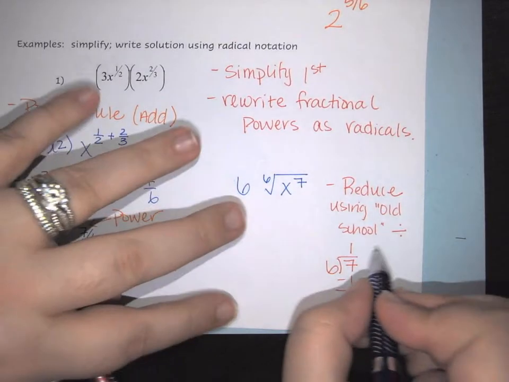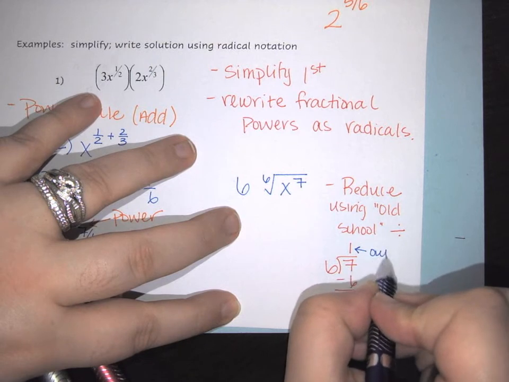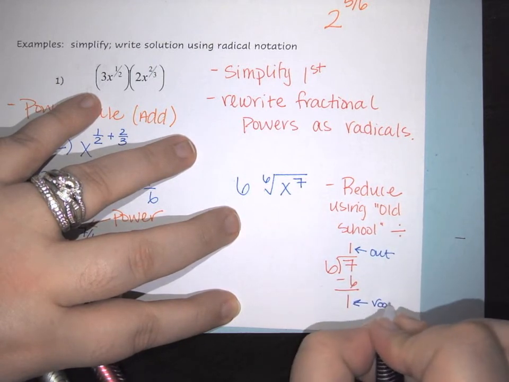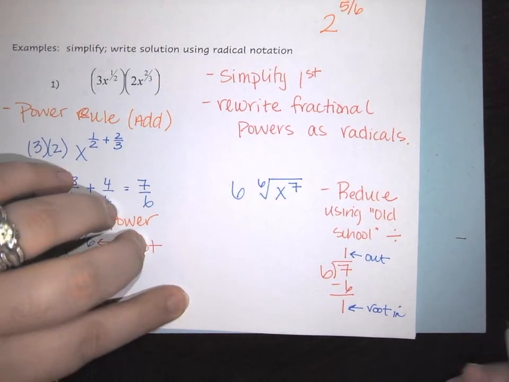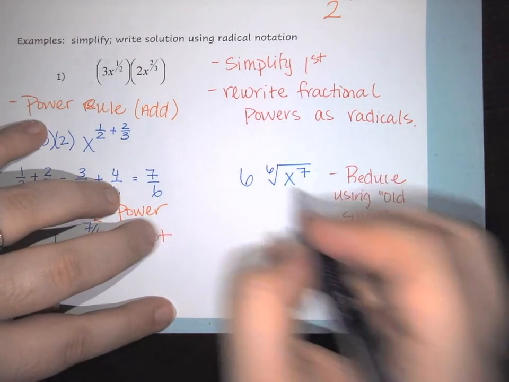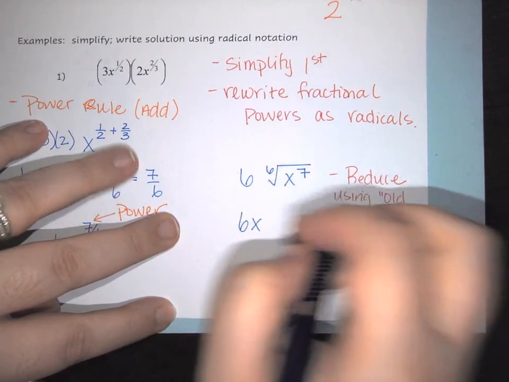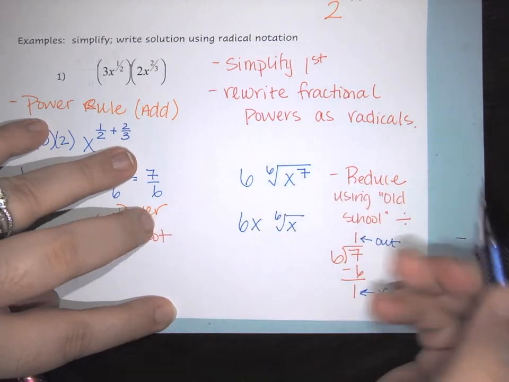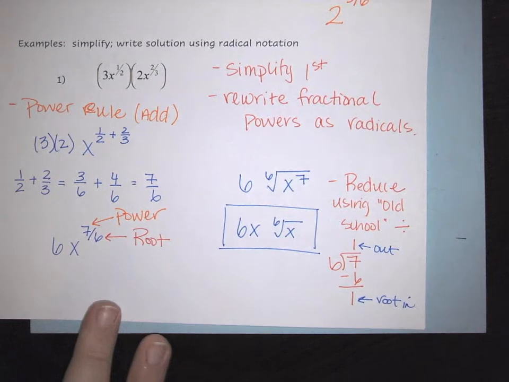So just like before, this one tells you what is taken out, and this bottom one tells you what is left in the root. Okay. So here what's going to happen is 1 comes out, so I have 6x. I then have the 6th root of x. And this is my overall result.